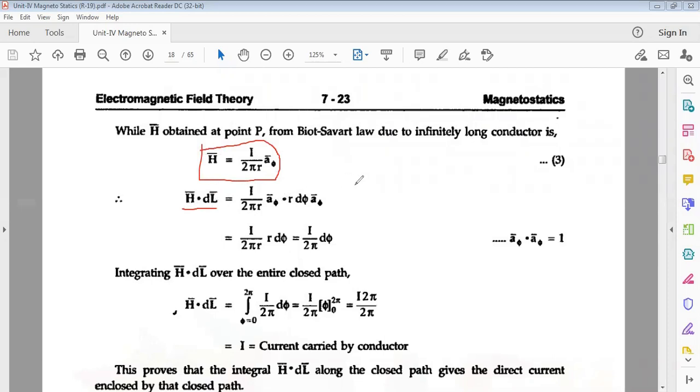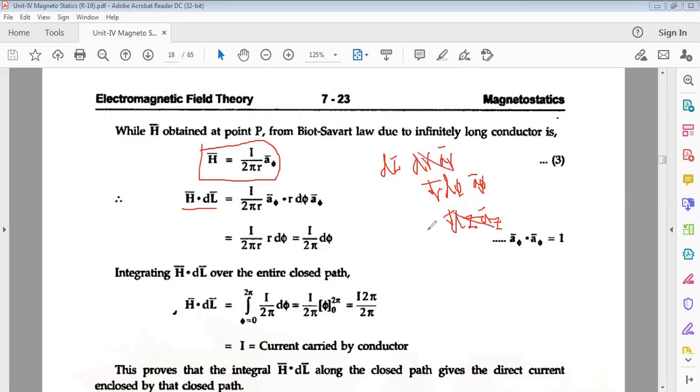DL bar along the phi direction means the component is R into D phi A phi bar only. DR is along the R direction, R D phi is along A phi bar, and DZ along AZ bar in the differential length DL bar. So we can assume only the A phi component for DL bar because the H bar is in the A phi direction.